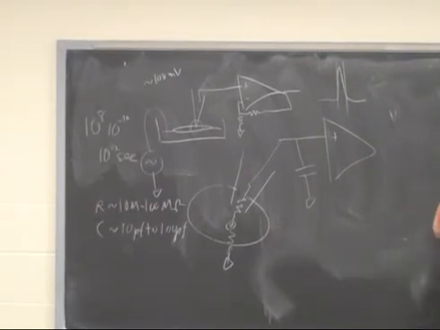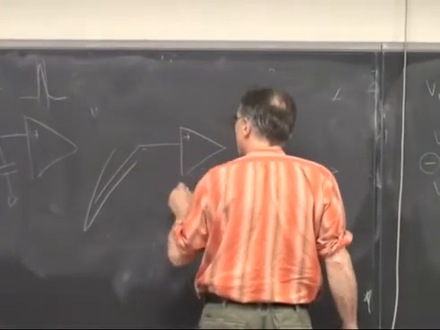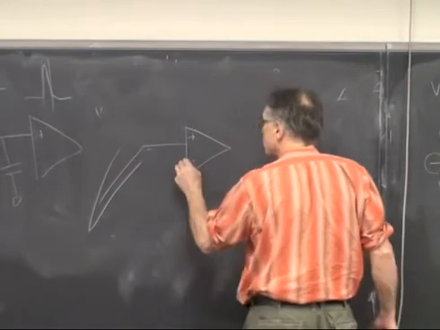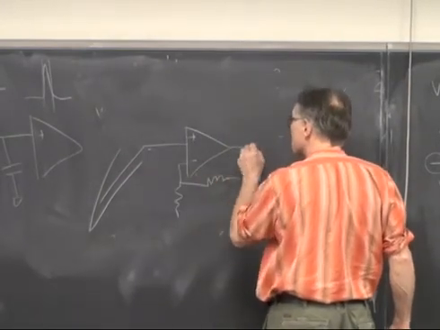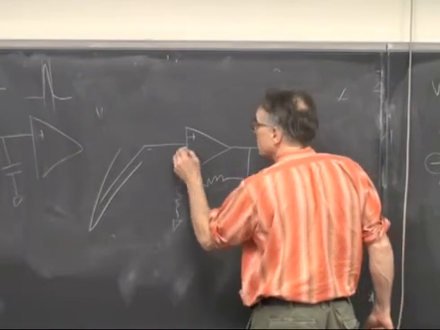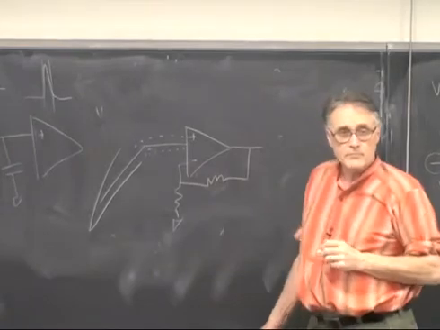Let's say we were to now take this wire and the electrode and put a shield around it to ground.